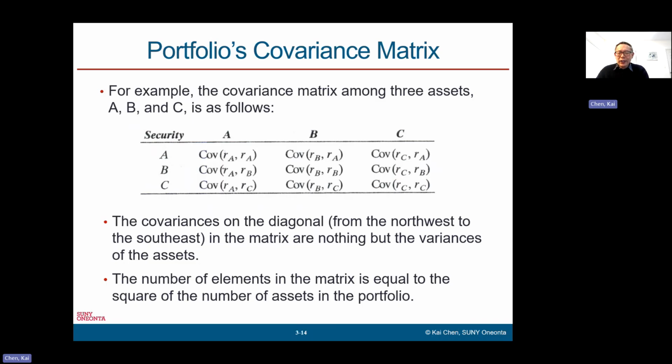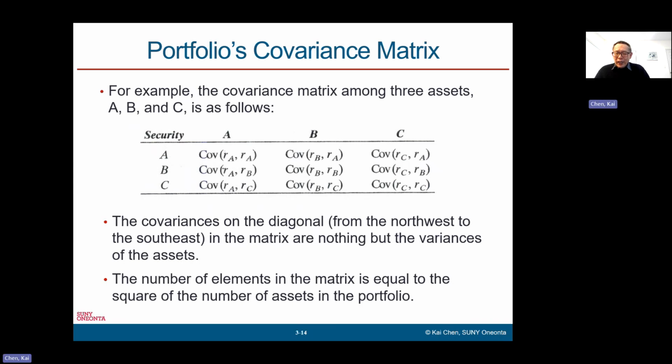Each asset in the portfolio is assigned to an exclusive row and an exclusive column. In other words, each row or column in the matrix is labeled with an asset.